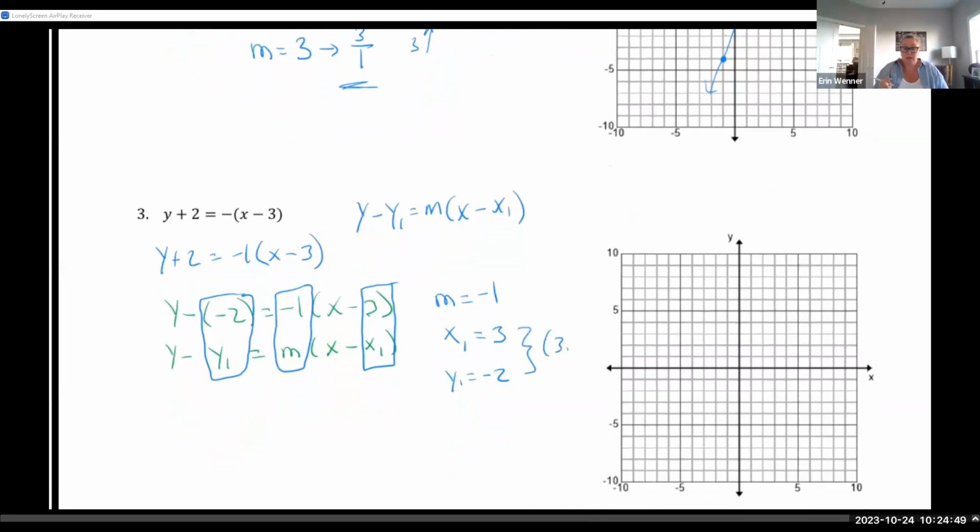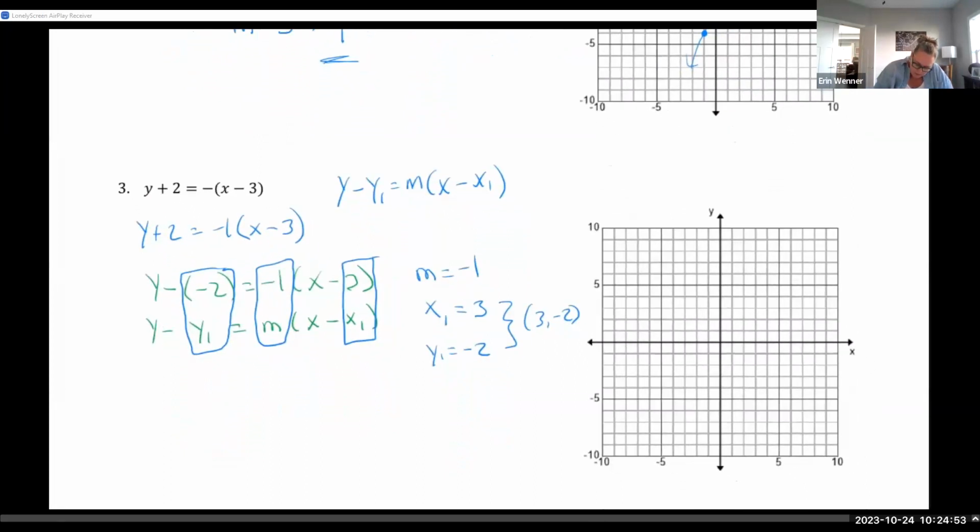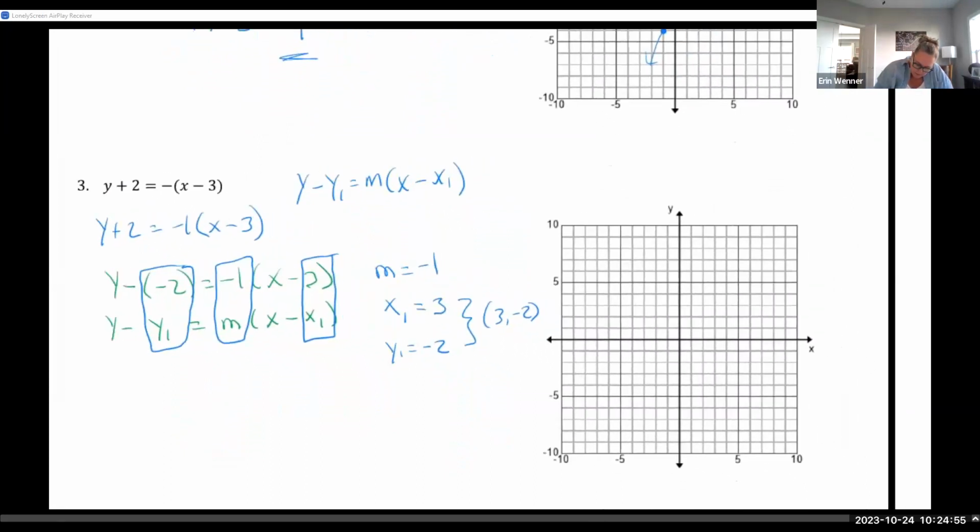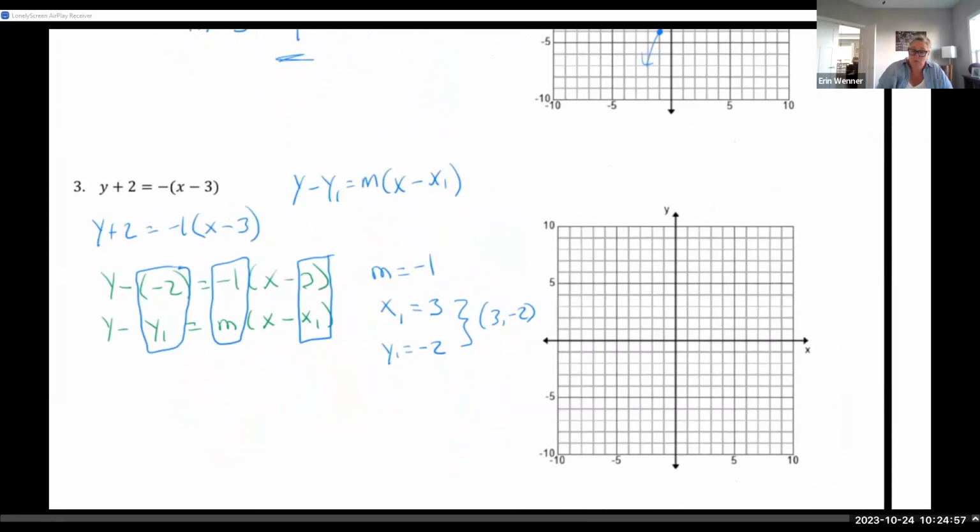So again, we're always starting with that when we're graphing. So we're going to go to 3, down to -2, and then our slope being -1, we interpret that as down 1, right 1, right? If we write our whole number slopes, we write them as a fraction, so we're going to be -1 over 1.